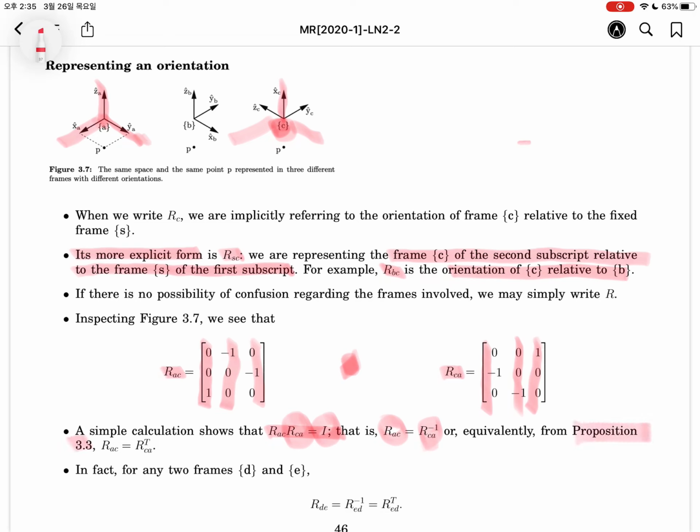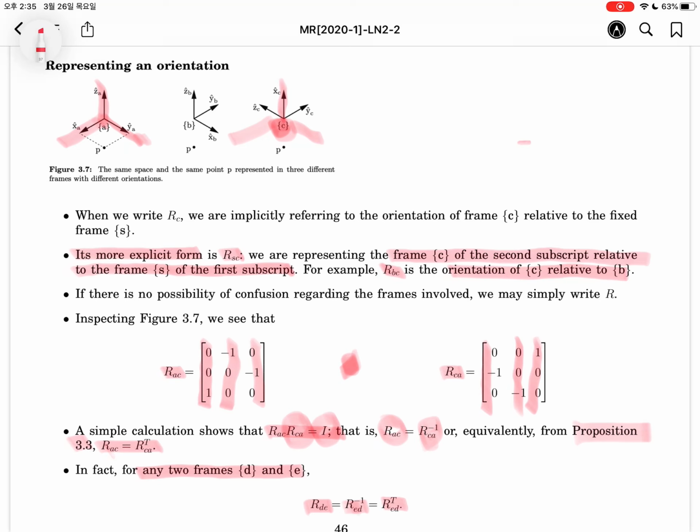Proposition 3.3: the R inverse can be expressed by the transpose. So RAC is equal to RCA transpose as an inverse. Actually, for any given frames D and E, RDE is equal to R inverse ED, which can be expressed by the transpose operator, R transpose ED.